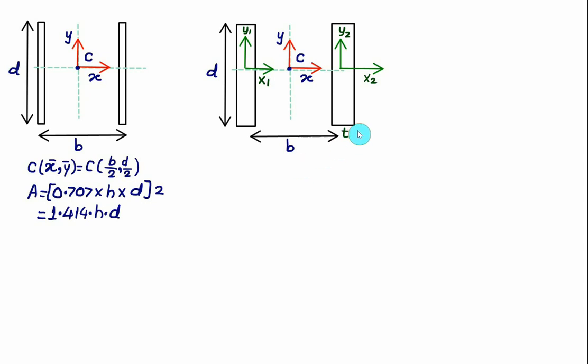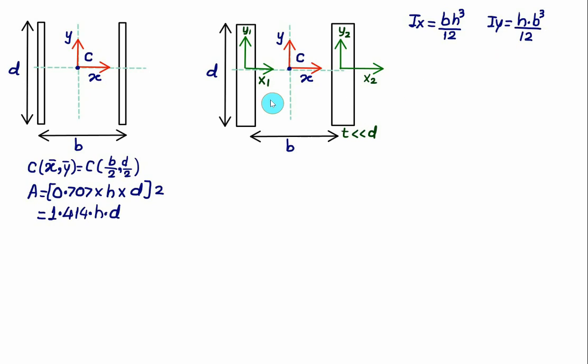So the value of T is very less as compared to D. The moment of inertia about the centroidal axis Ix is given as b into h cube, that is breadth multiplied by height cube divided by 12, and the moment of inertia of a rectangle about the y-axis is given as h into b cube divided by 12.